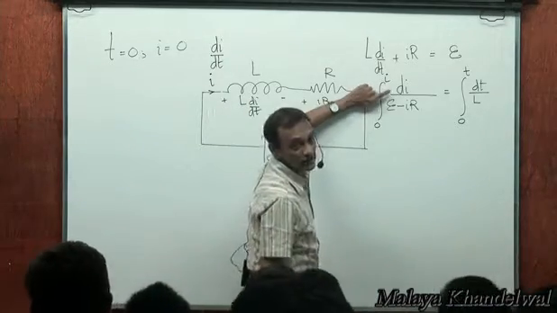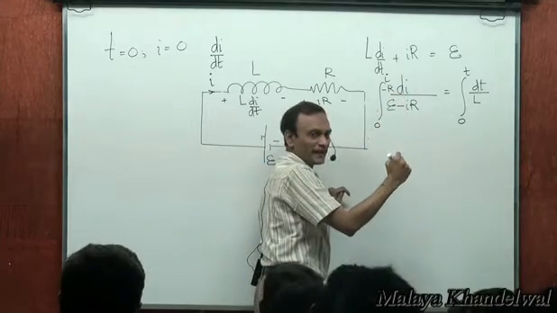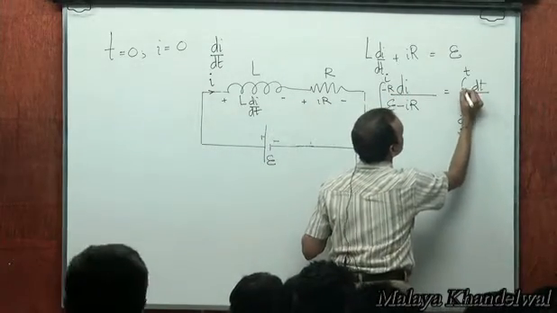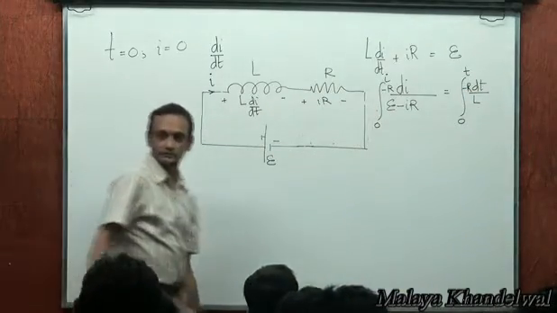Now, easy to integrate. I could multiply with minus R, and cause the numerator to become the derivative of the denominator. So a minus R here, right?